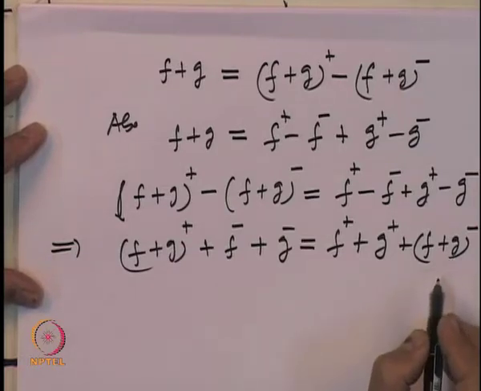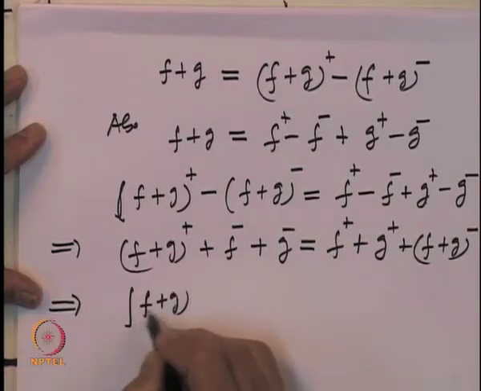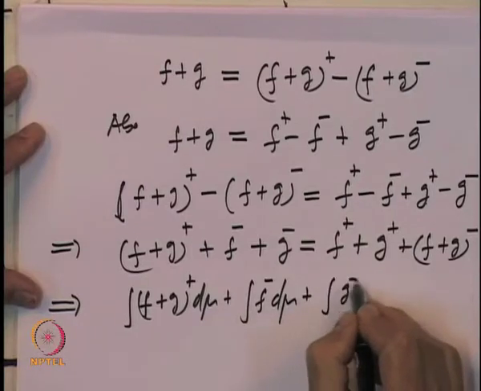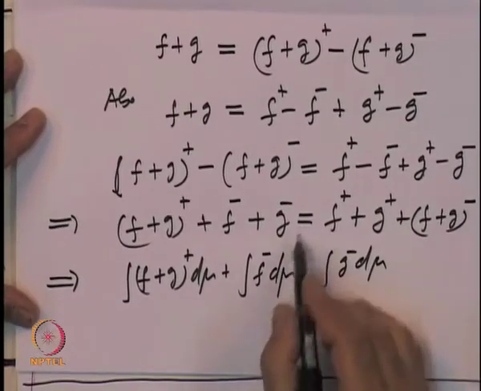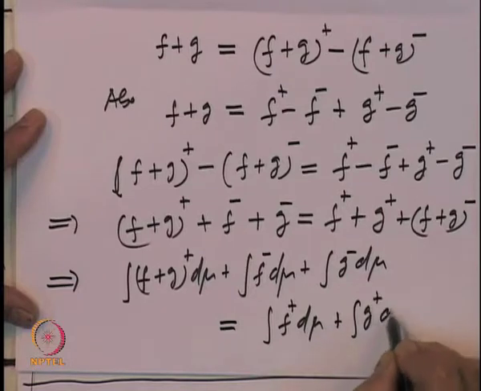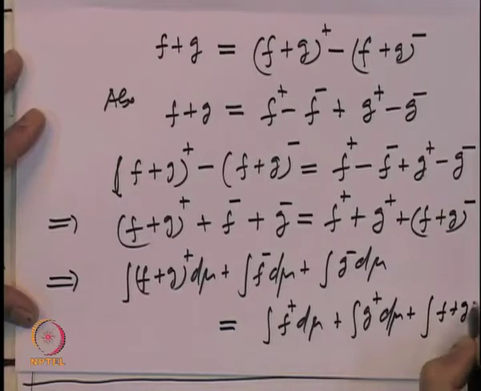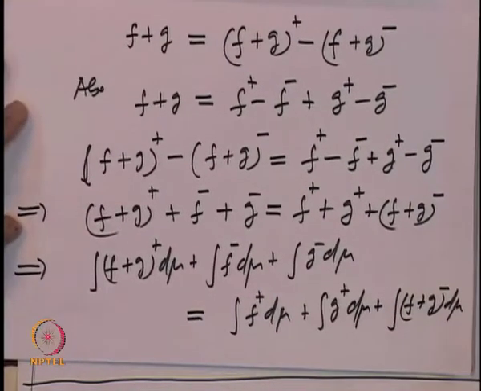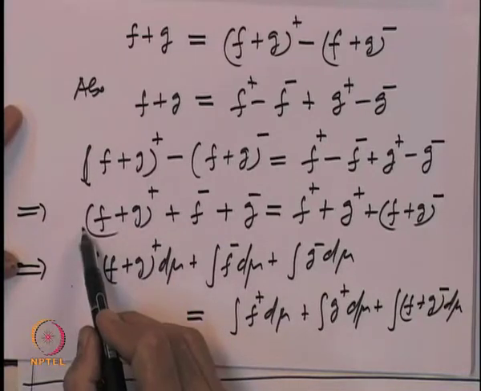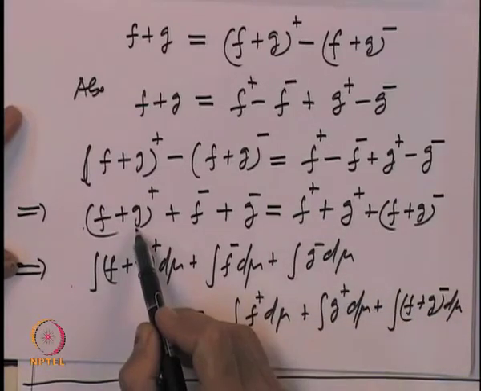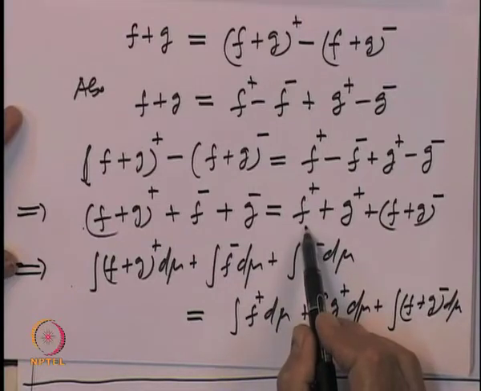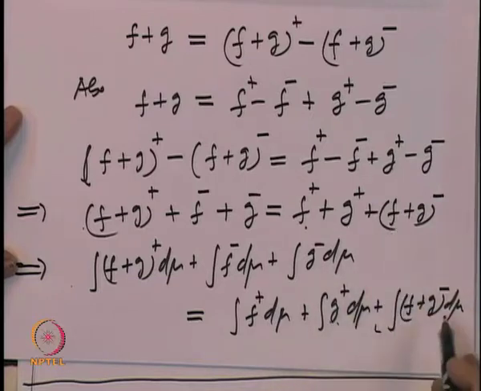So, by the properties of integrals for non-negative functions, this implies that the integral of (f plus g) plus dμ plus the integral of f minus dμ plus the integral of g minus dμ is equal to the integral of f plus dμ plus the integral of g plus dμ plus the integral of (f plus g) minus dμ. So, from this equation, by using the linearity property of the integral for non-negative functions, the integral of the left hand side is equal to the integral of the right hand side, and the integral of the left hand side consists of the integral of (f plus g) plus, the integral of f minus and the integral of g minus, and that is equal to the integral of f plus, the integral of g plus and the integral of (f plus g) minus.